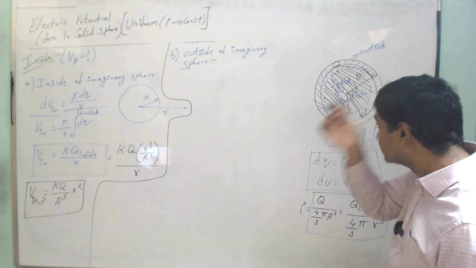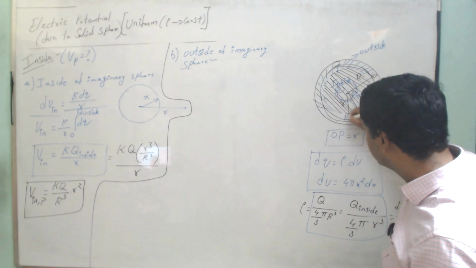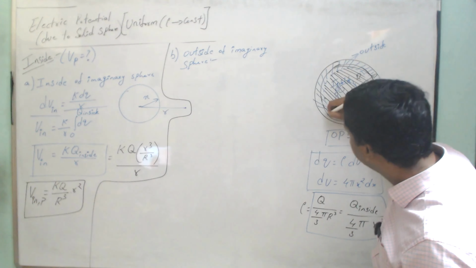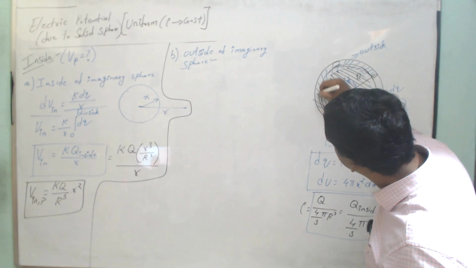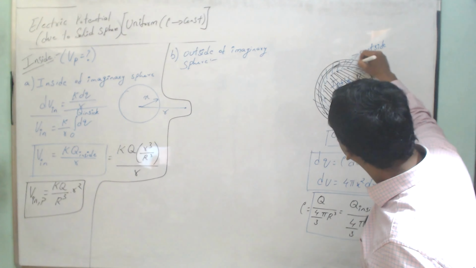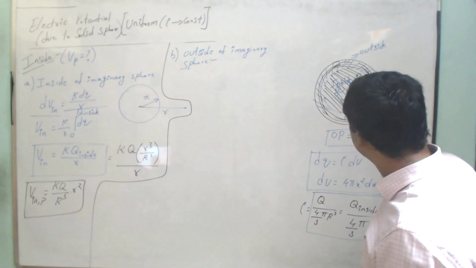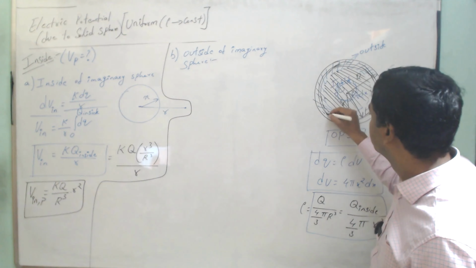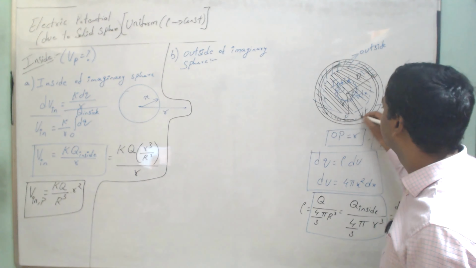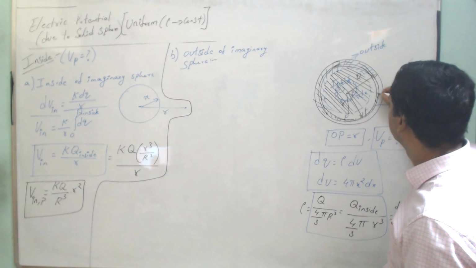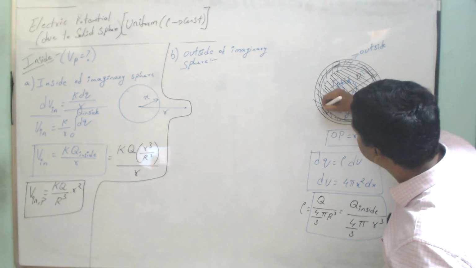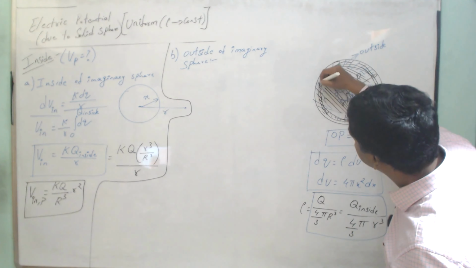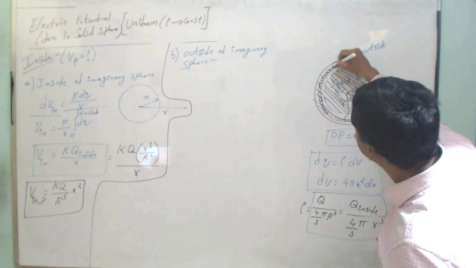And that width we will take it as dt. Are you getting my point? Now this figure has become complete kachra.